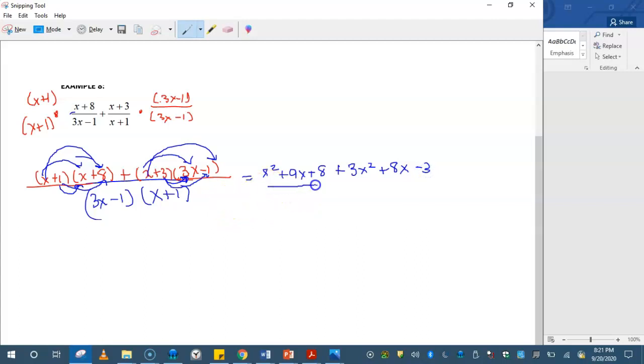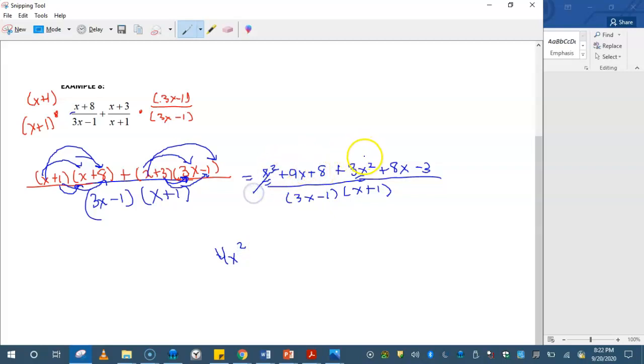Now, let's go ahead and put this all over our denominators, 3x minus 1 and x plus 1. And then let's combine like terms. Well, in the numerator, I got an x squared and a 3x squared. Well, that would just be a 4x squared, right?